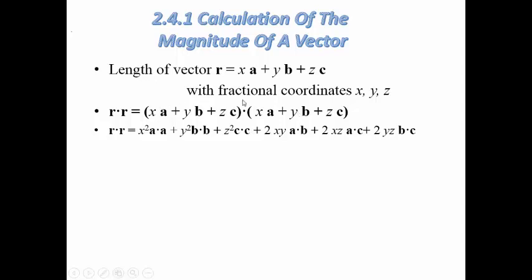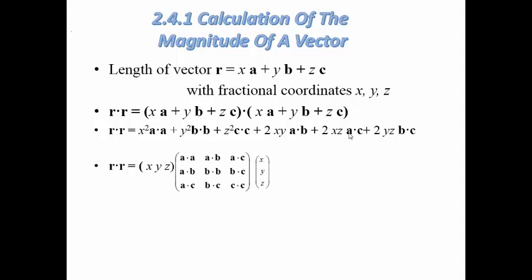You have a dot b xy and a dot b xy over here, so you pick up 2, and likewise for the other terms you pick up 2 for all of the three cross terms.